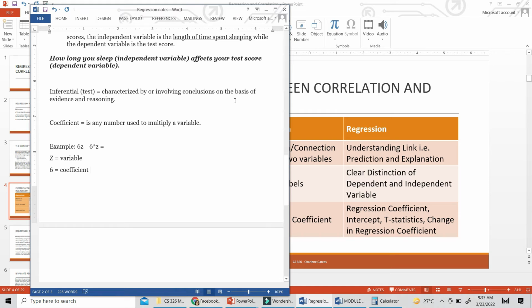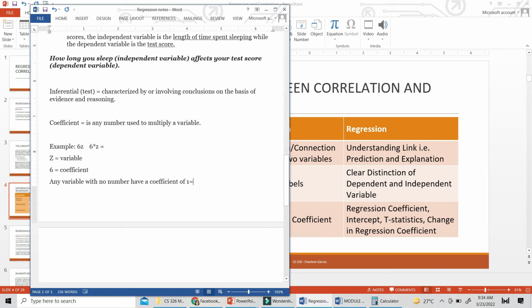So coefficient is the number used to multiply a variable. So 6 is the coefficient. And by the way, any variable with no number, this is a given already, has a coefficient of 1.